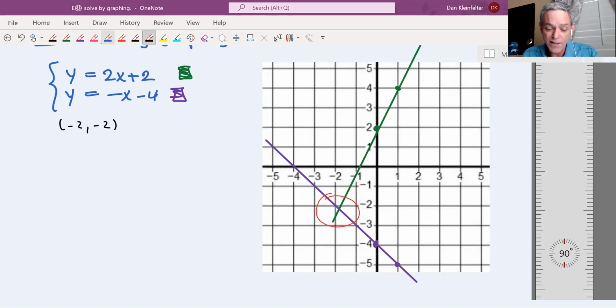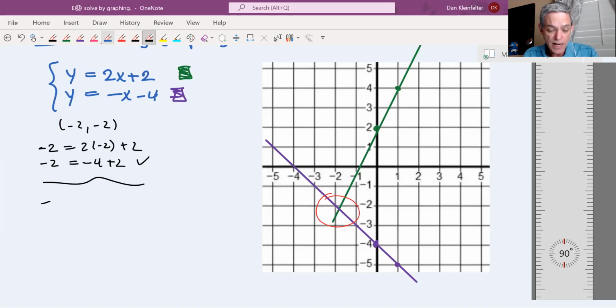Now that I have a guess, though, I'm going to plug that into the system of equations and see if that works. So let's do that. For the first one, our y would have been -2. We'll have 2 times -2 plus 2. So -2 is -4 plus 2. That's true.